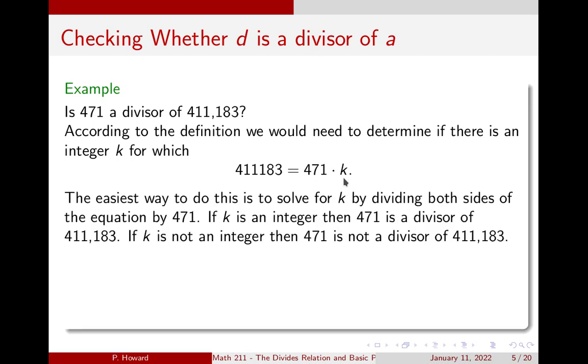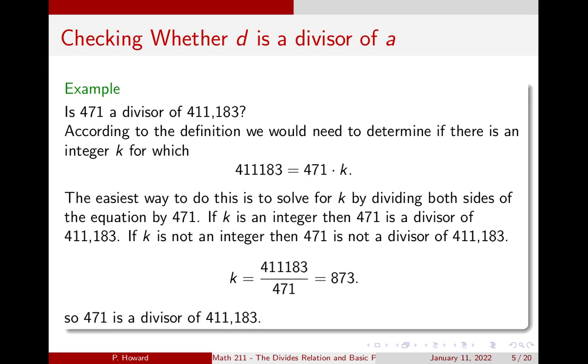And the way to do this is to divide both sides of the equation by 471. In other words, we're solving for k. If the k turns out to be an integer, then 471 is a divisor of the number on the left-hand side. If k is not an integer, then 471 is not a divisor.